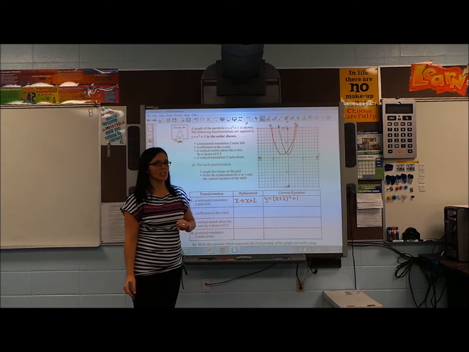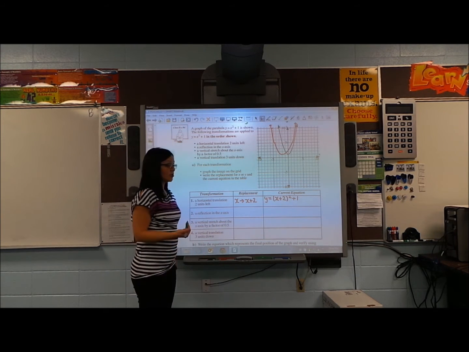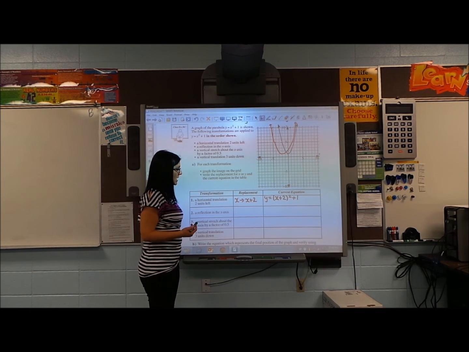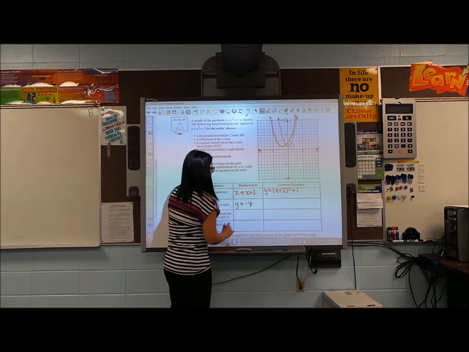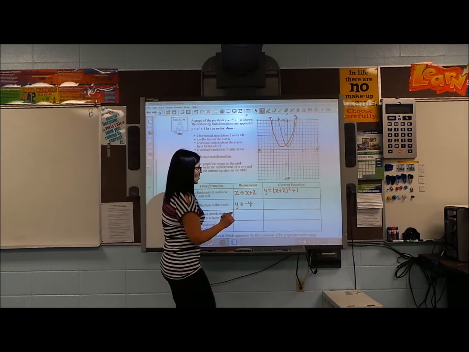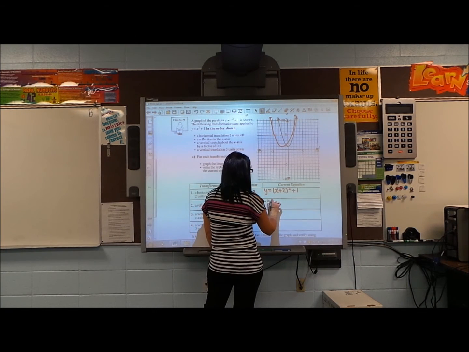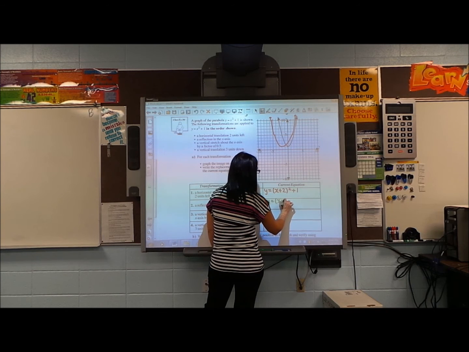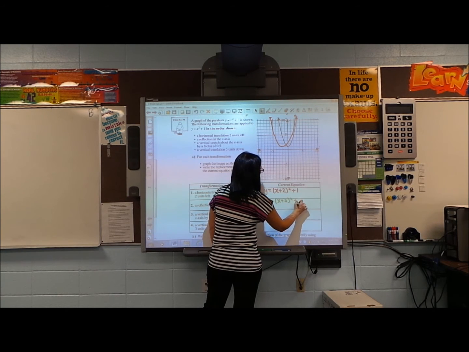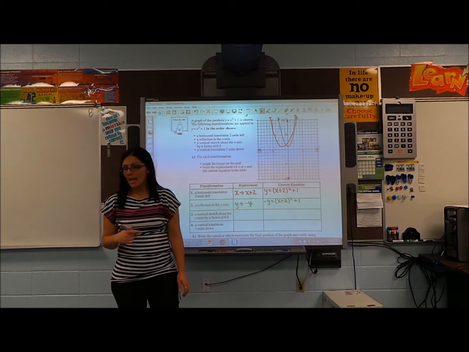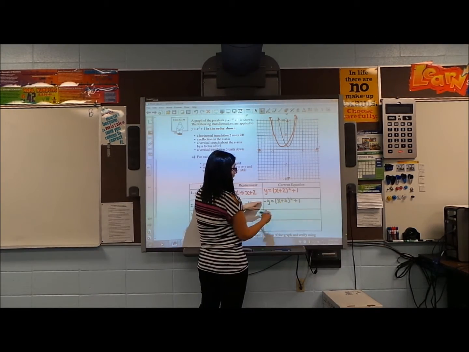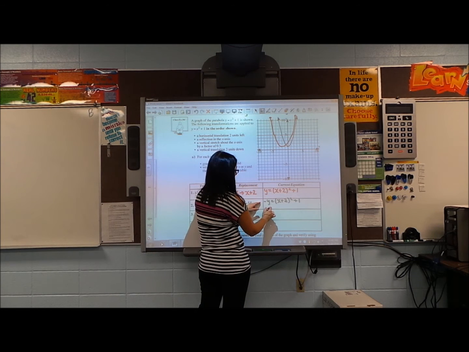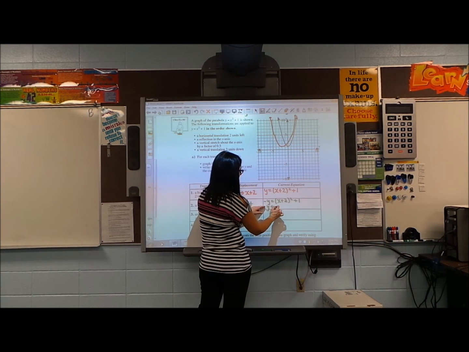Next, we do a reflection in the x-axis. If I do a reflection in the x-axis, that's replacing y with a -y. So my current equation would now be -y equals (x plus 2) squared plus 1. If I bring the negative over to the other side, so that's multiplying everything by -1, the y becomes positive.